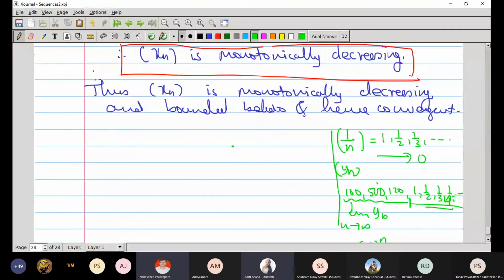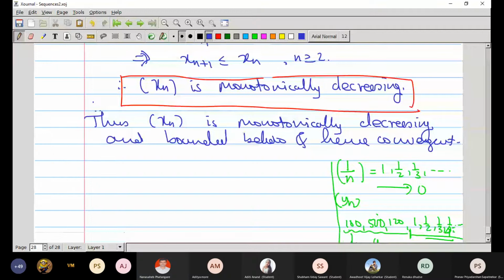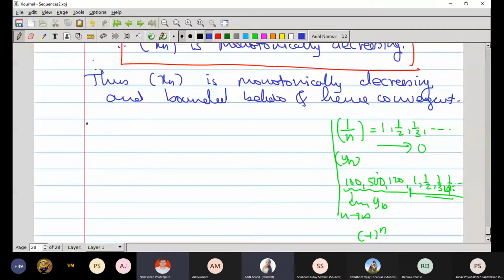Okay, sir. And therefore, what happens about x1 is not an issue. Right? From 2 onwards terms are decreasing and the sequence is bounded below. Then we can say that it is convergent. Correct? Yes, sir. Okay, so now we are sure that the limit exists. So let x be equal to limit of xn. Therefore, what is the limit of xn plus 1?